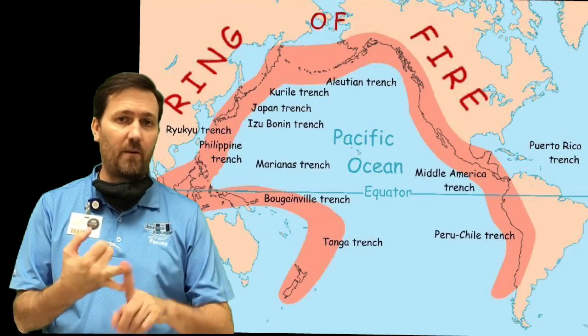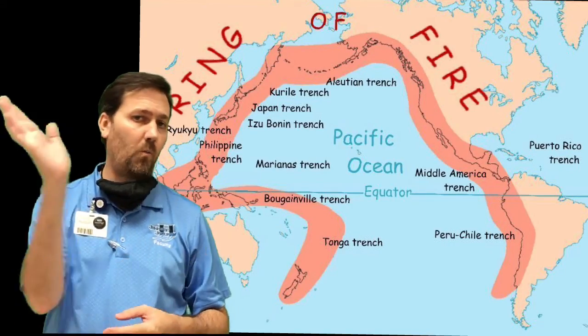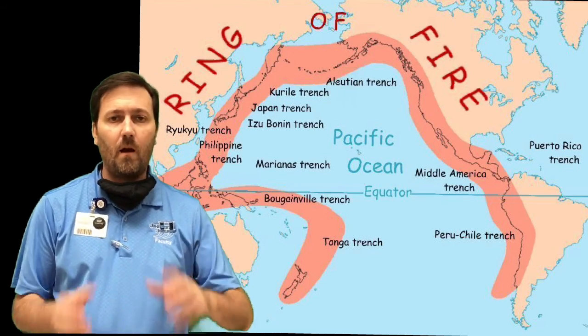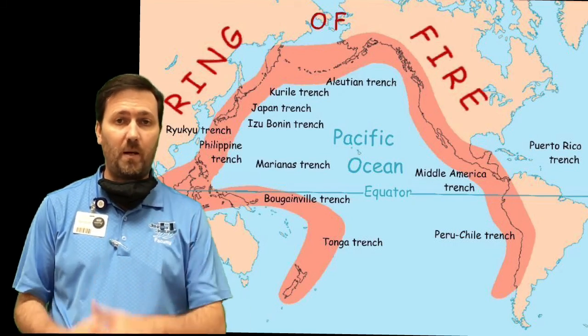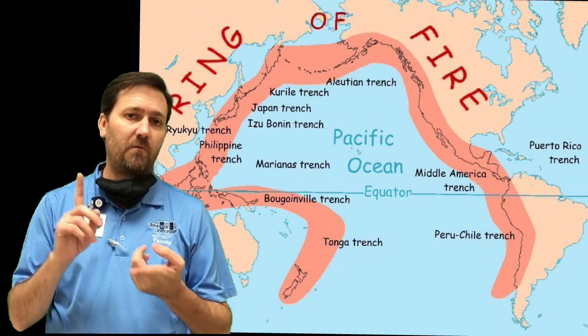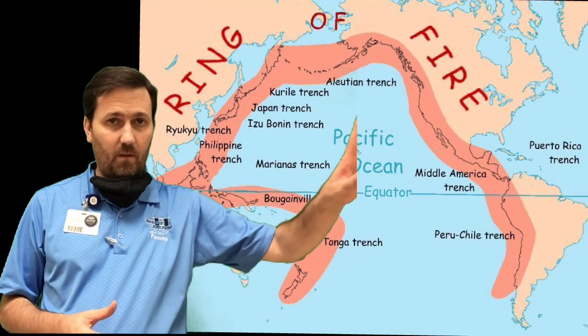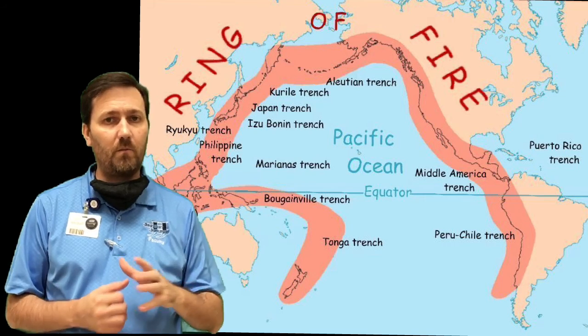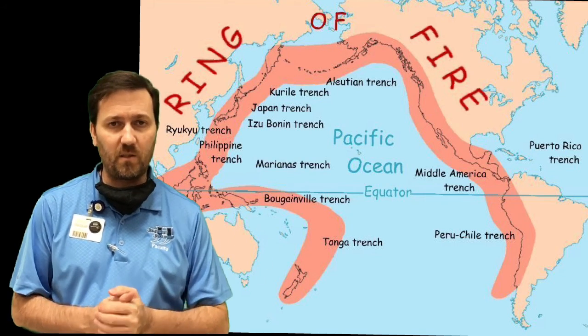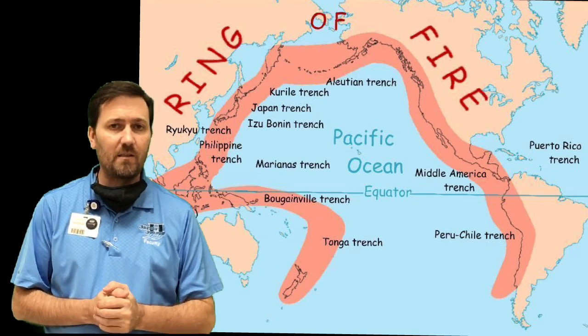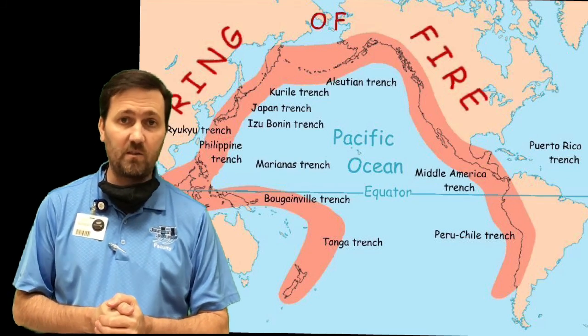So there's plate tectonic boundary volcanoes. California, South America, the whole west coast of North and South America. China, Japan, Indonesia, the Philippines, the entire east coast of everything over on the side of the Pacific where China is. All of that is subduction zone volcanism at convergent boundary volcanoes.